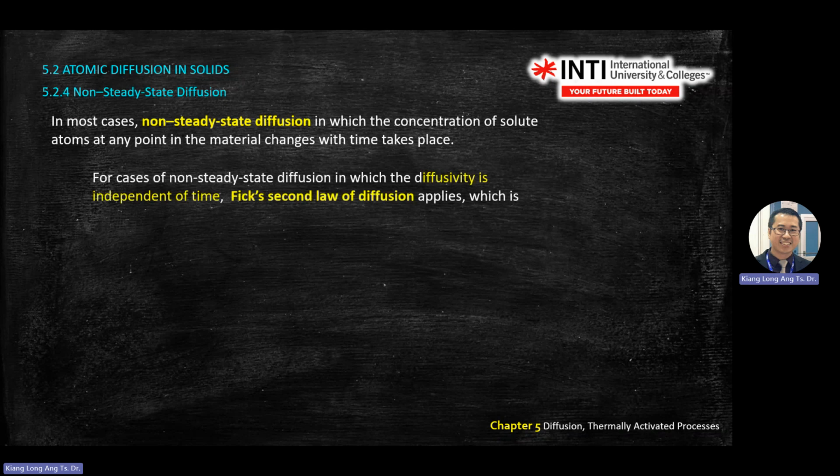Just now you had Fick's first law of diffusion. First law applies for the steady state. Steady state means you have a straight line. Here we have a straight line equation, y equals mx plus c. But if you don't have a steady state, then it becomes Fick's second law of diffusion.